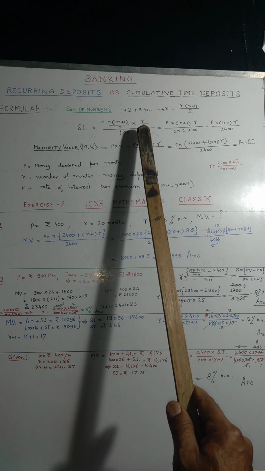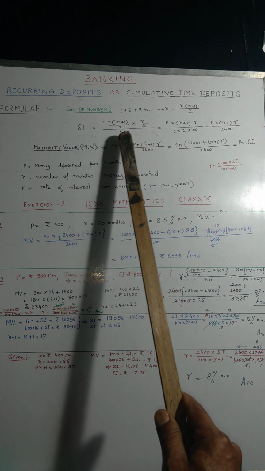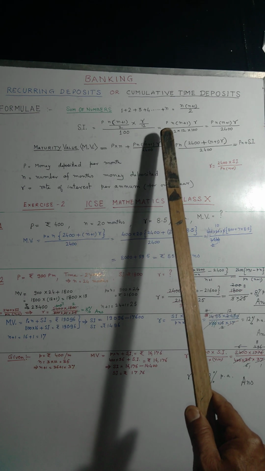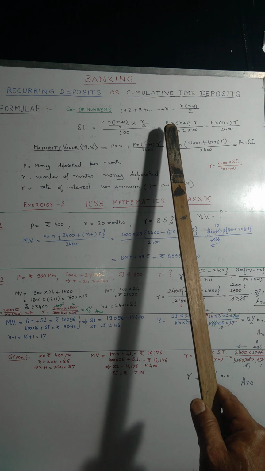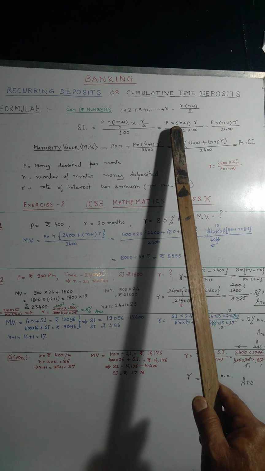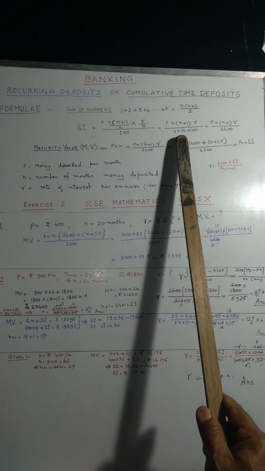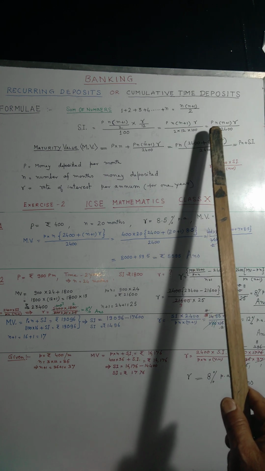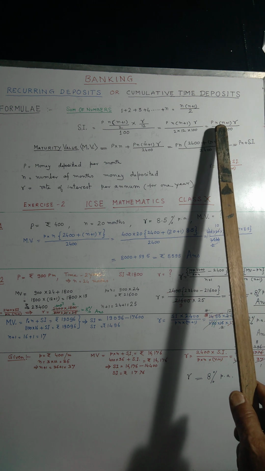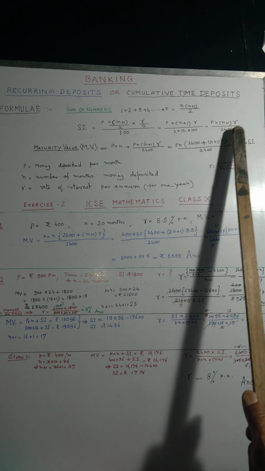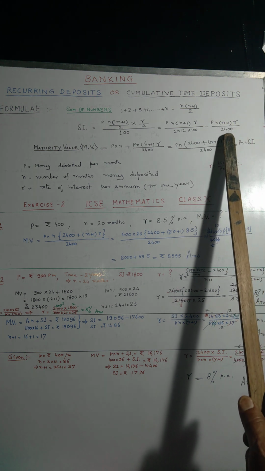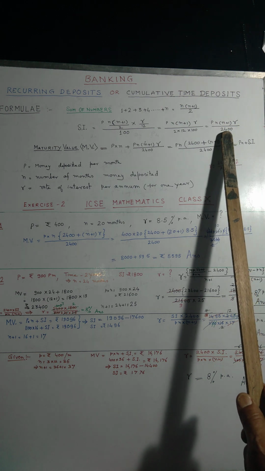That is why it has been divided by 12, and the whole divided by 100. That can also be reduced to P into n(n plus 1) into R by 2 into 12 by 100, which will be equal to P into n(n plus 1) into R by 2400.